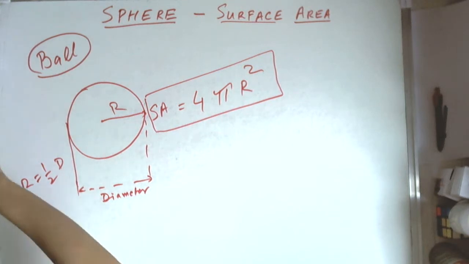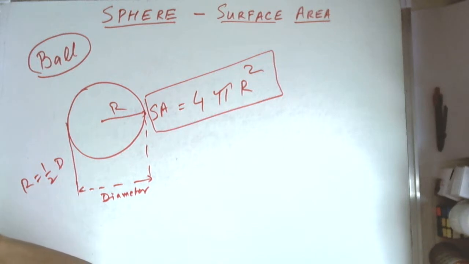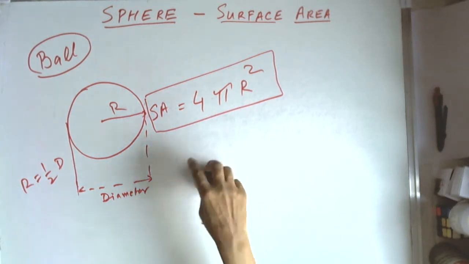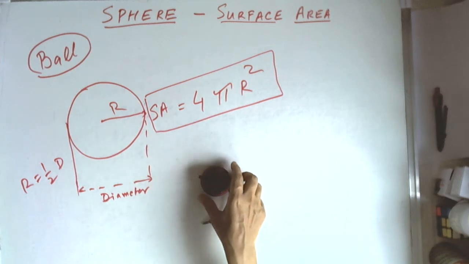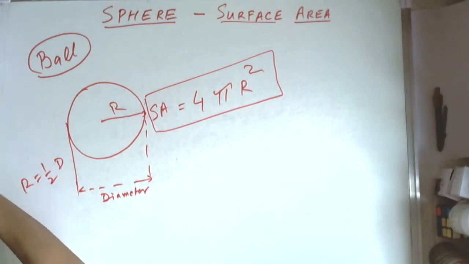I can show you. I have this speaker here which looks like a sphere, and you can see that this is the surface area. All around we go, it's a surface. So the surface area of a sphere is equal to 4 pi r square.